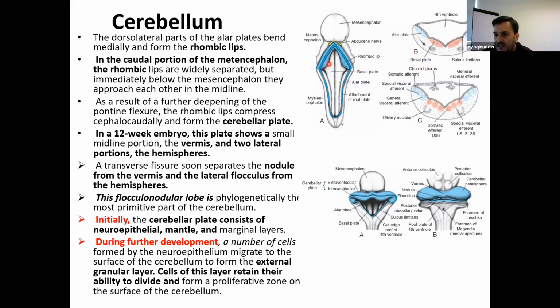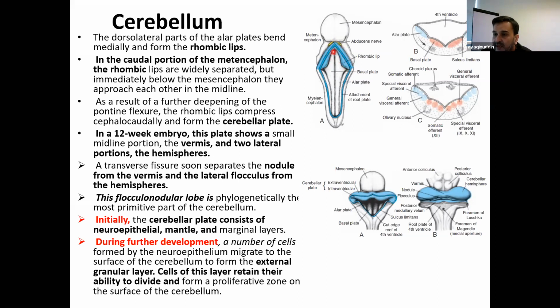Can you see these rhombic lips here? So the dorsolateral parts of the alar plates of the metencephalon are medially extended, and as they are medially extended, they are forming the rhombic lips.